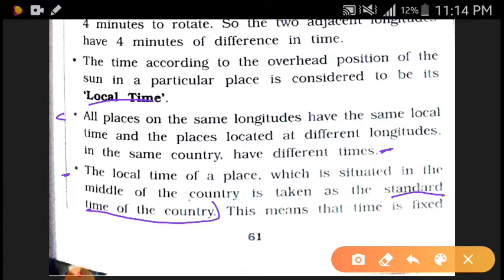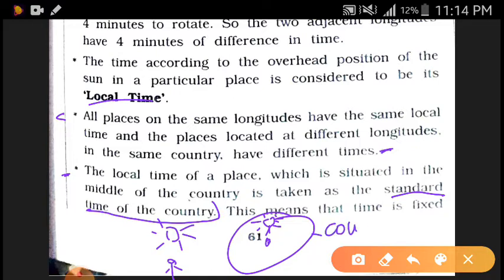Local time, we have understood, is the overhead position of the sun at a particular place. But in any country, the center, and the local time of that place is to be taken as the standard time of the country.